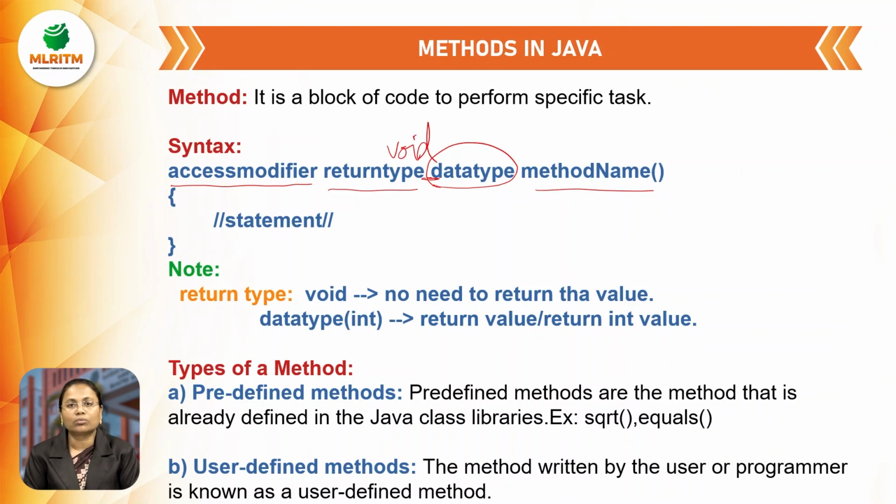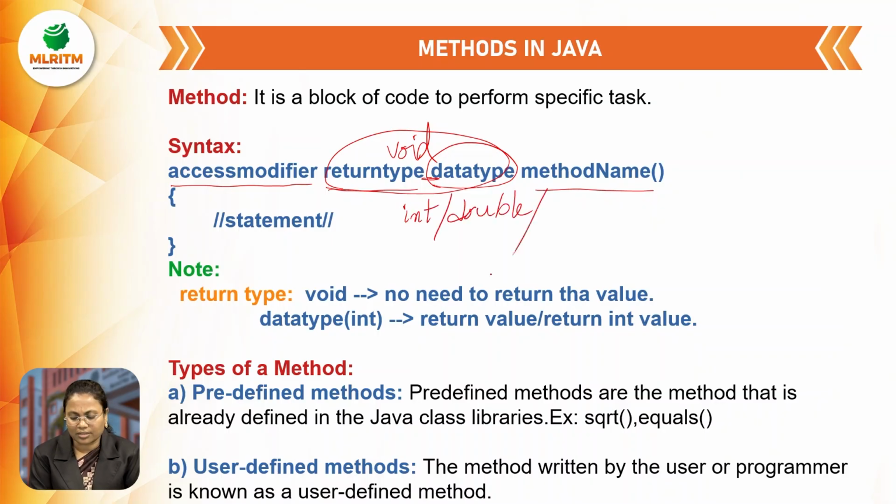Or else if I want to return some integer value, some double value or a string value, then in place of this return type I can mention int, double. The type of the corresponding value you are going to return, that data type only you need to mention here. For example, if I want to return an int value, I should choose int as the return type.